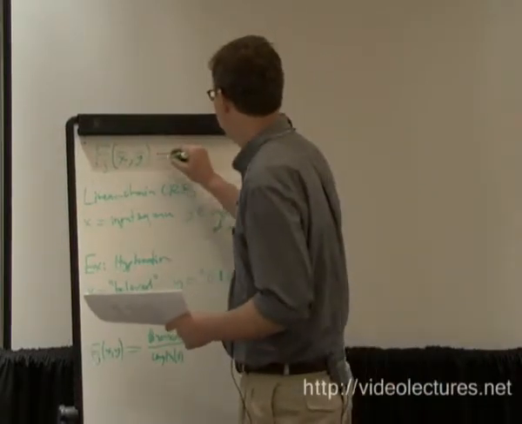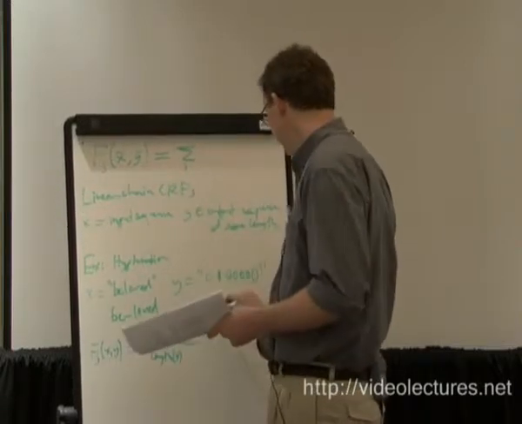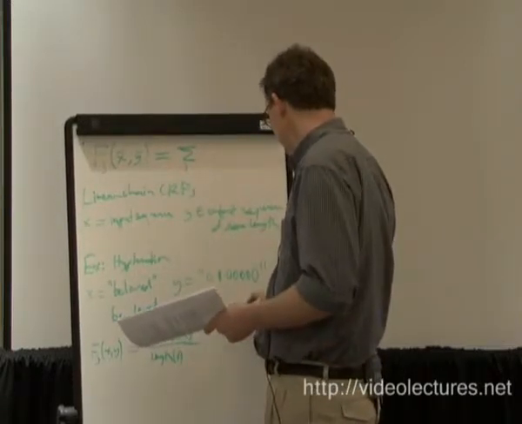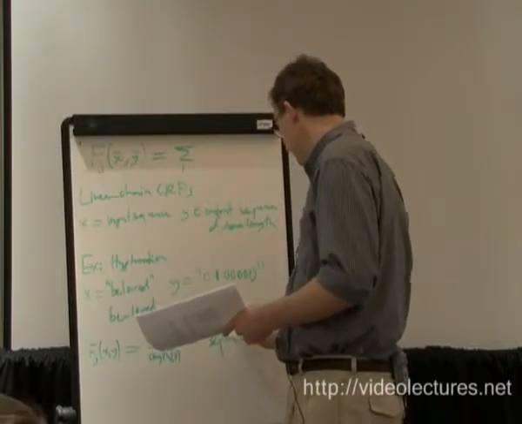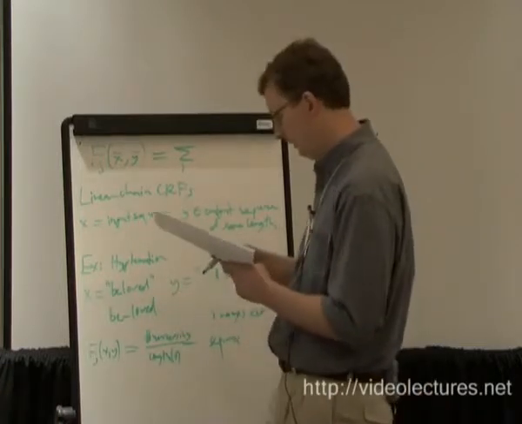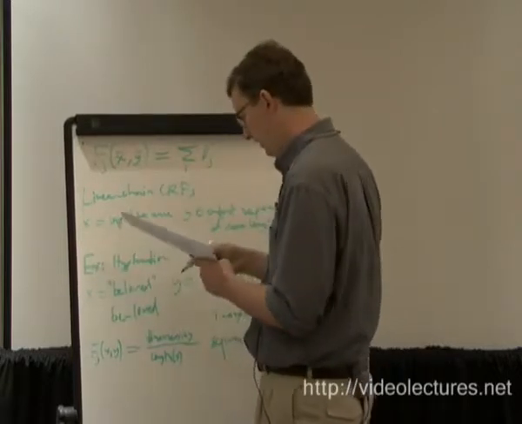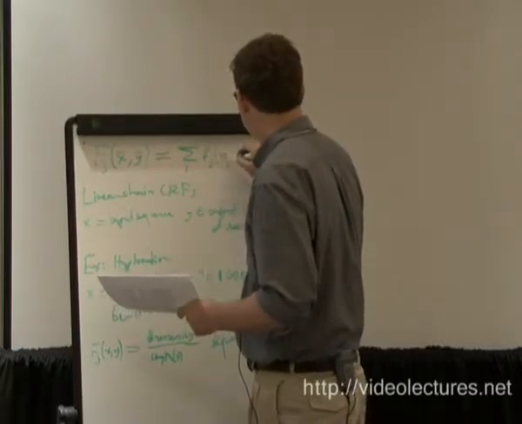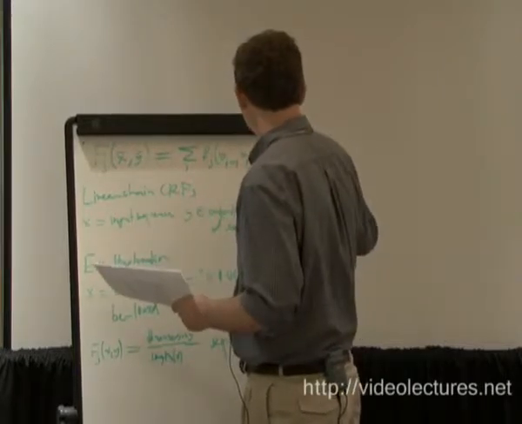It's going to be the sum over i, where i ranges over the sequence, from i equals 1 to the length of the sequence, of little fj of y_{i-1}, y_i, x bar, and i.